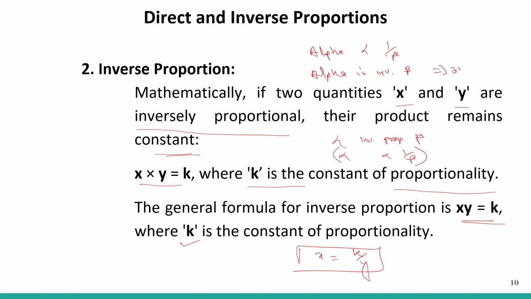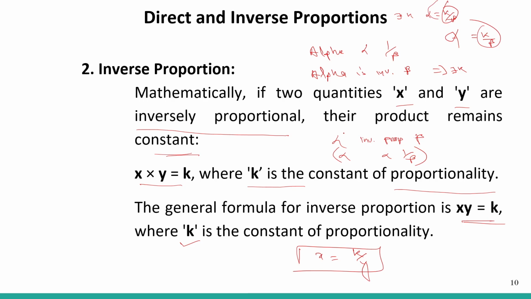There exists a k such that alpha is equal to k by beta, right? And here, if alpha is directly proportional to 1 by beta, what we can say? There exists a k such that alpha is equal to k by beta, right? So these two are same.